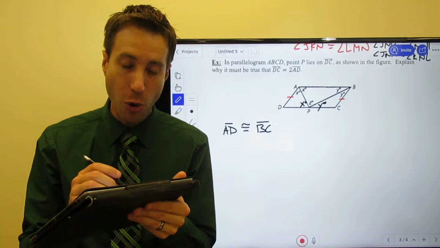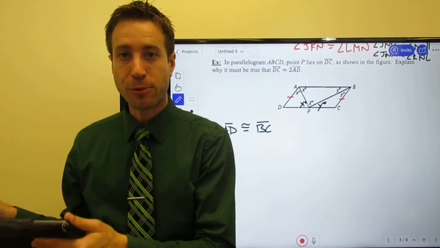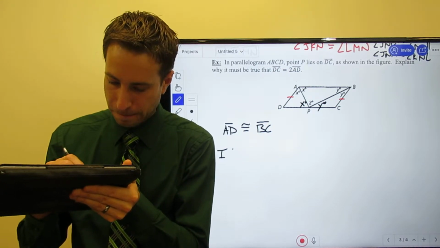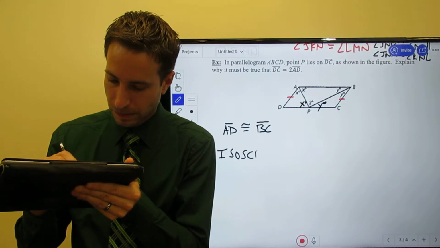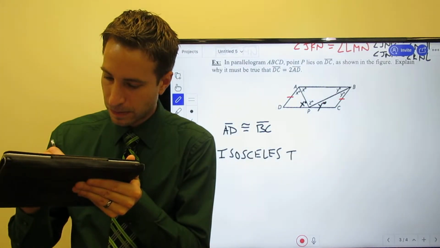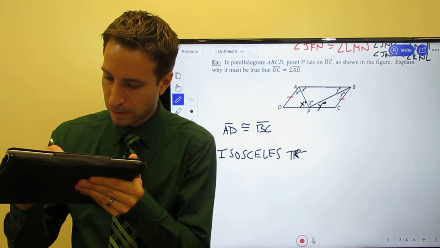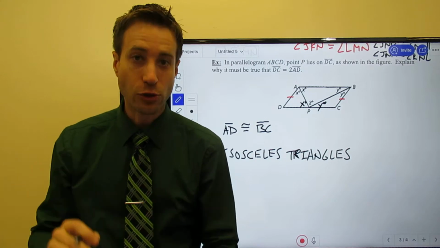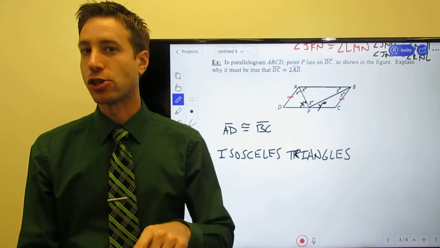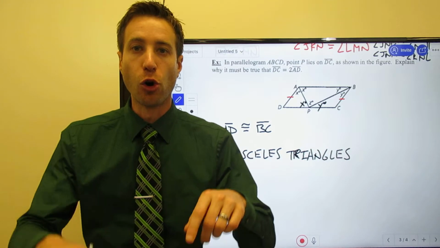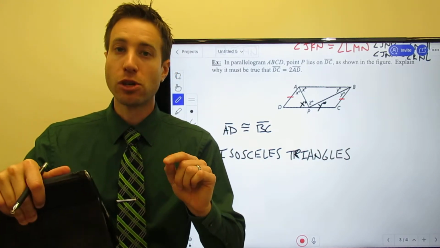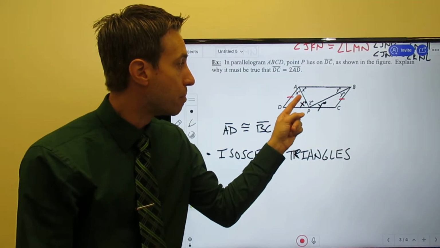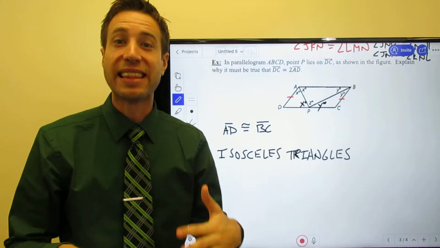So now we're going to go back to a previous chapter on triangles with isosceles. Guys, remember isosceles triangles? Remember, isosceles triangles are any triangle where the base angles are equal. And that's exactly what I have. I have 2 base angles in a triangle that are equal.